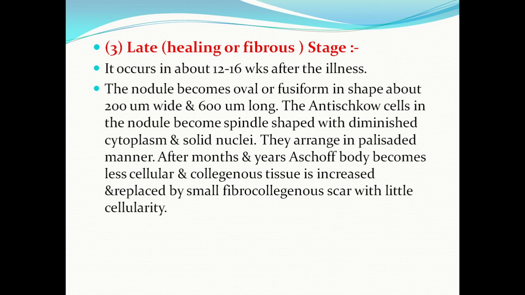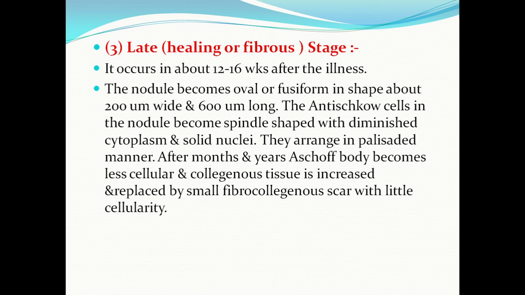The third stage is the late healing or fibrous stage. It occurs after the 12th week and continues till the 16th week of illness. So between 12 to 16 weeks. Now what happens?